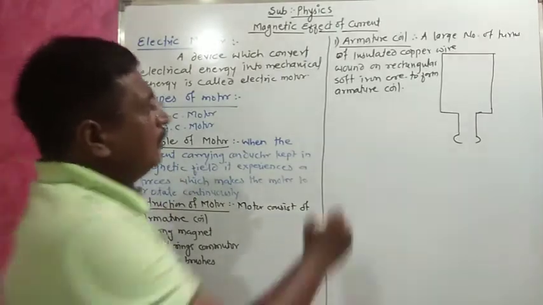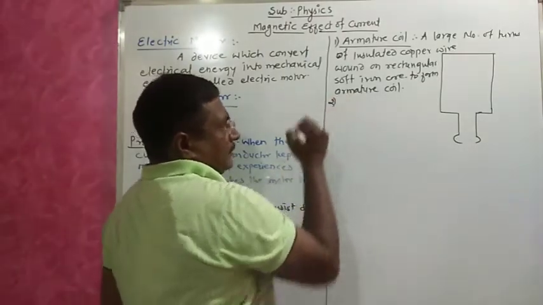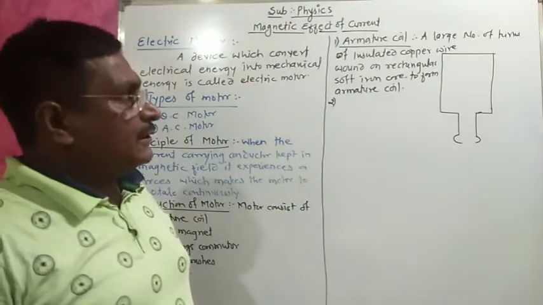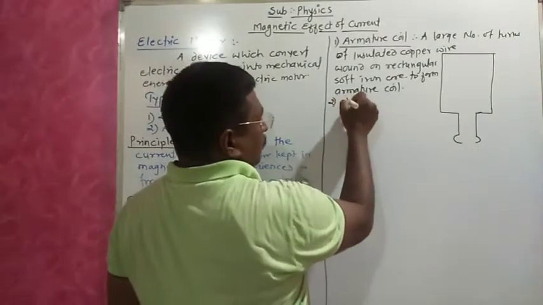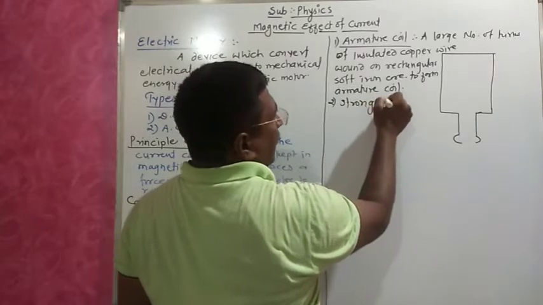Now this armature coil is kept in a strong magnetic field. What is the strong magnet?